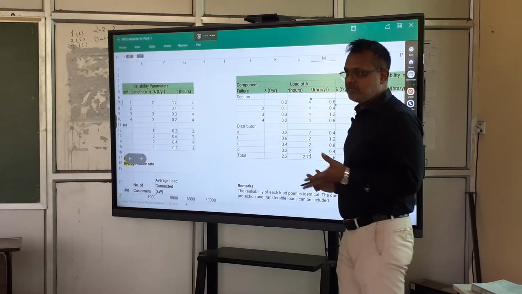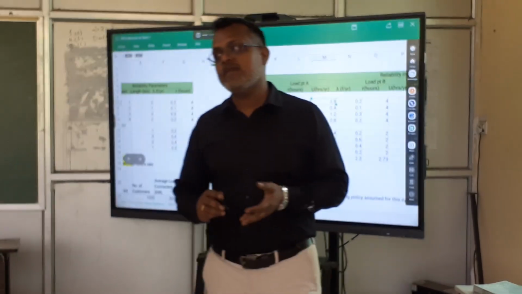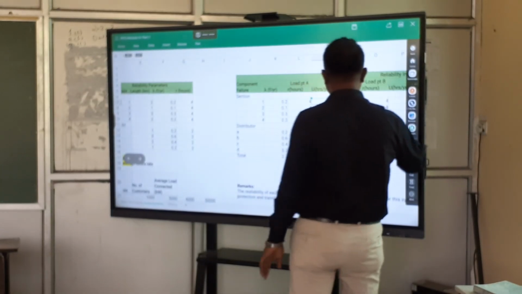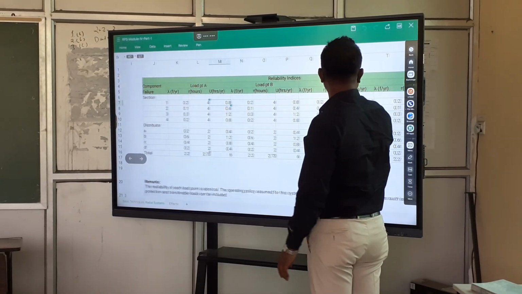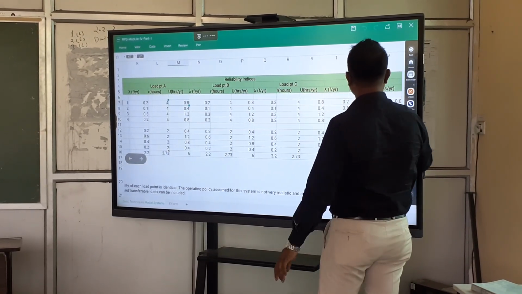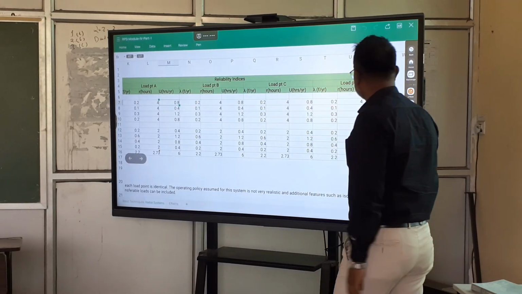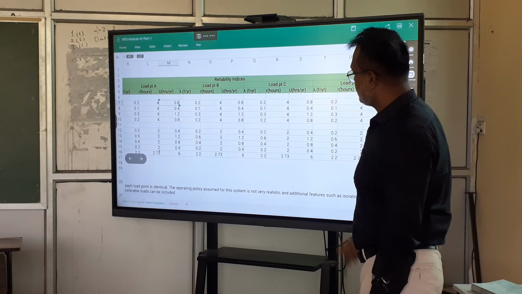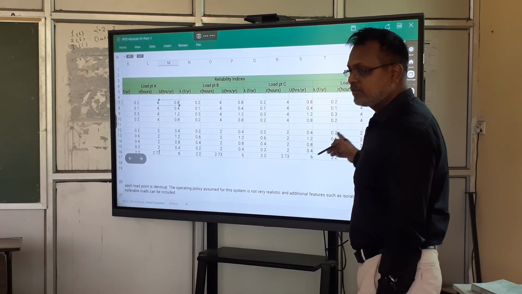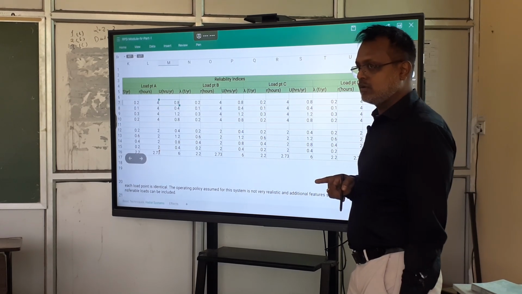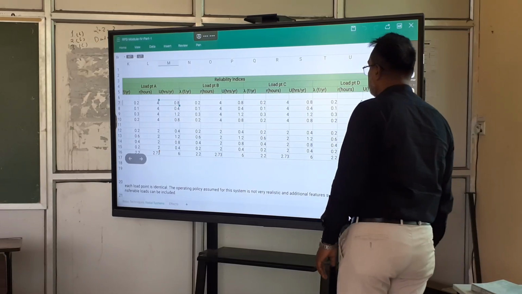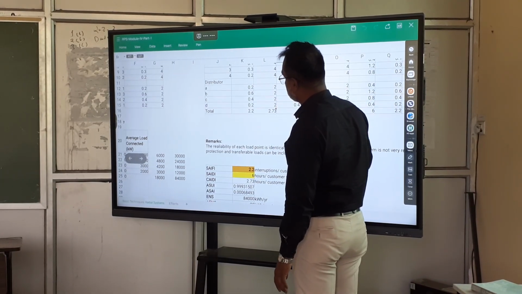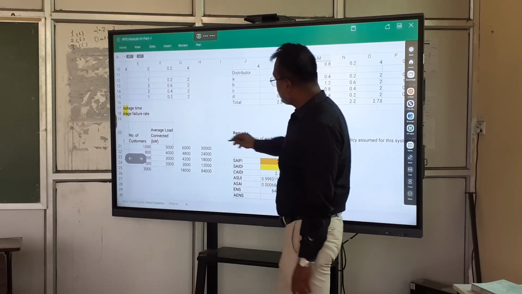Now as we discussed, since it is a radial system, the three basic indices will be the same for all the load points. So 2.2 and 2.736 are repeated across all the load points because it's a series system. Now your task is to compute this. For this you need the customer data.